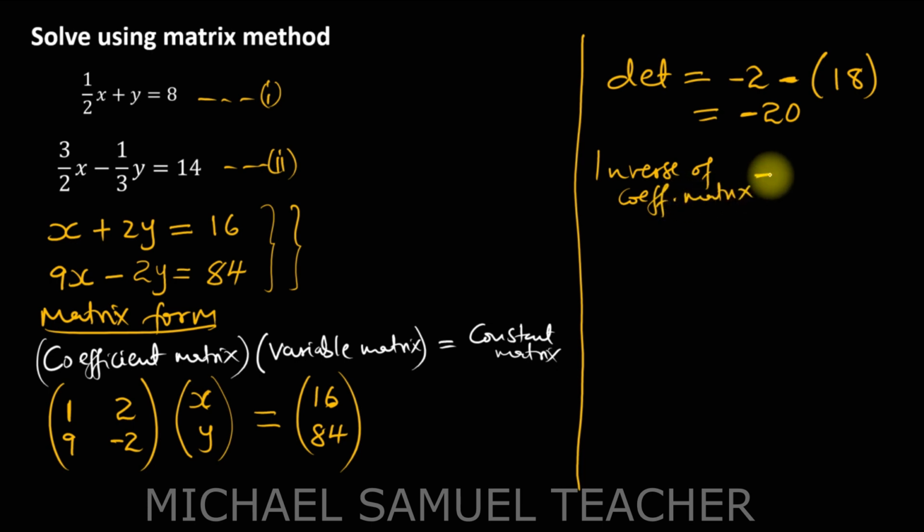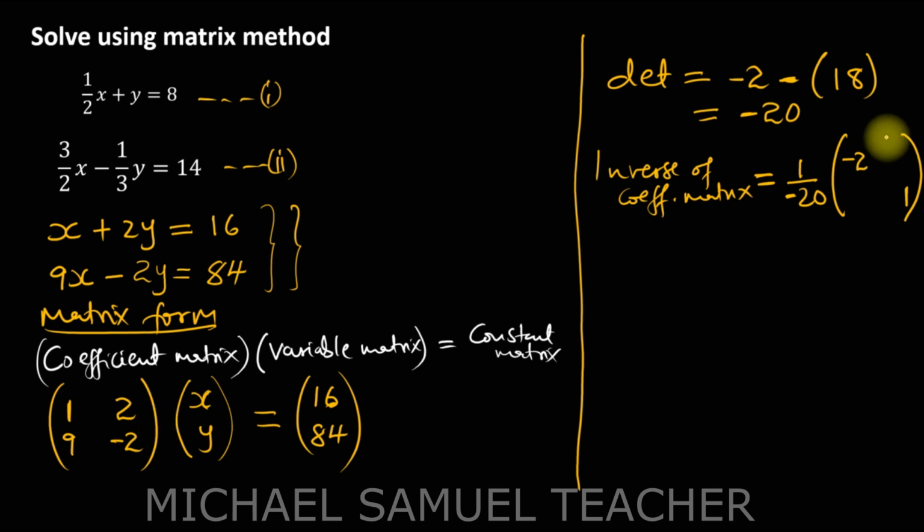The inverse of the coefficient matrix is 1 over the determinant. Then I interchange the elements in the main diagonal, that is 1 and minus 2 interchange positions, so that I'll have minus 2 and 1 there. Then in the secondary diagonal, I reverse the sign of the elements.